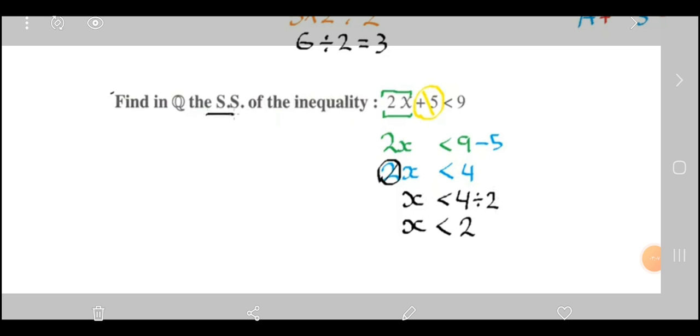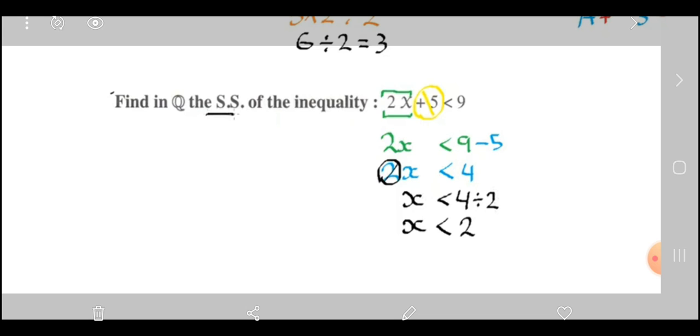Another example, find in Q the SS of the inequality 2x plus 5 less than 9. We can use the same rules as for the equation. First we have to put positive 5 on the other side with the opposite sign, so negative 5 on the other side.